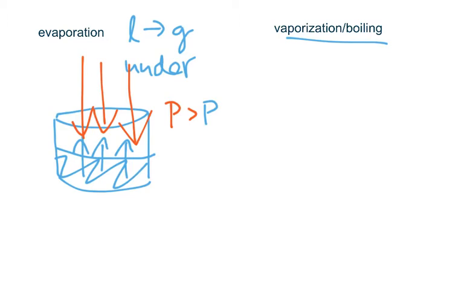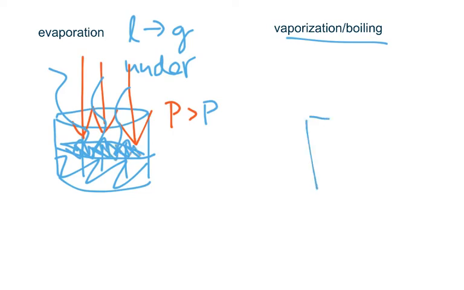But regardless, some of these molecules of water, especially on the surface, tend to have enough energy and end up just turning into gas regardless of the water vapor pressure, and that's why things evaporate. But this only occurs on the surface.